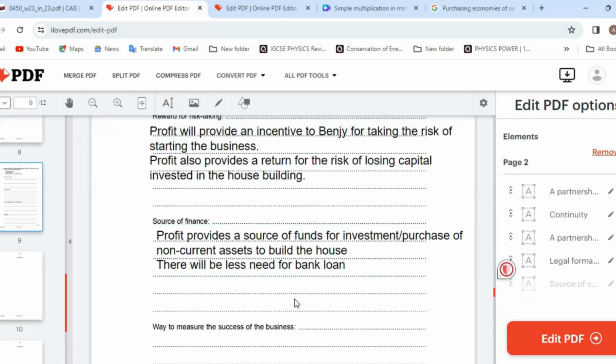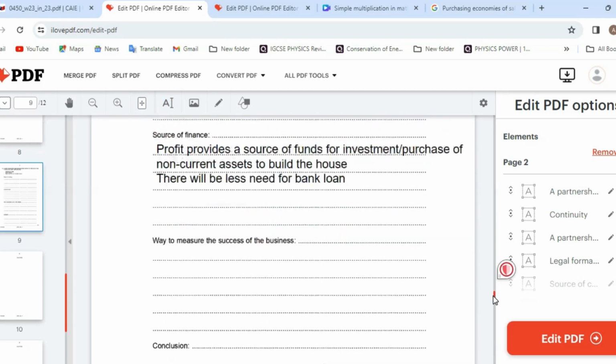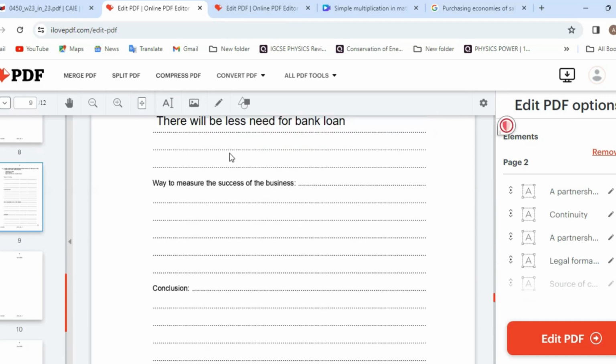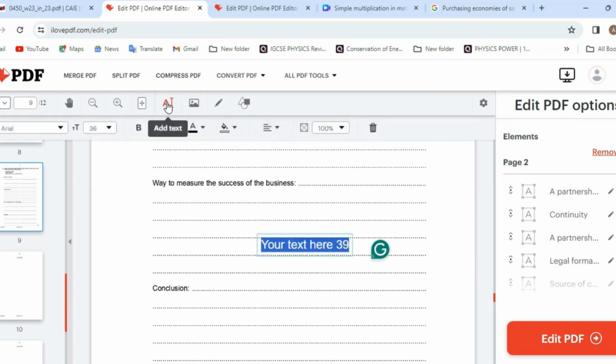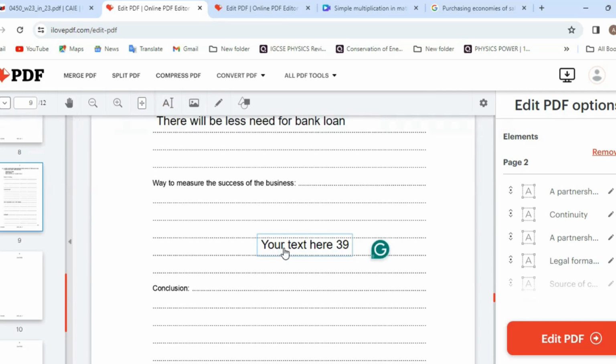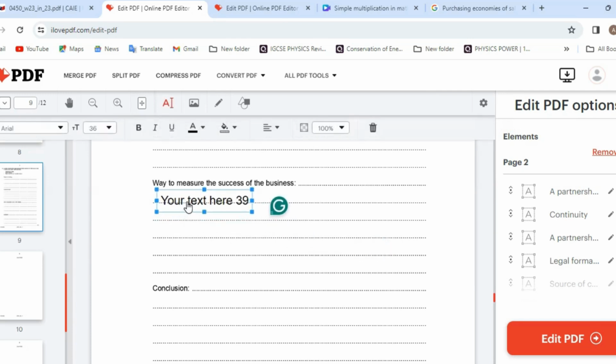Okay, is profit also a way to measure the success of the business? Let's try and bring out some points before we go to our conclusion. Of course, it is. It may help to make a decision whether to expand or contract the business or not.